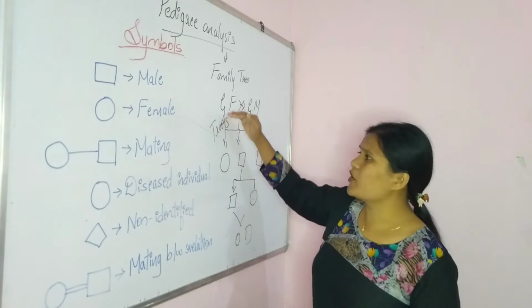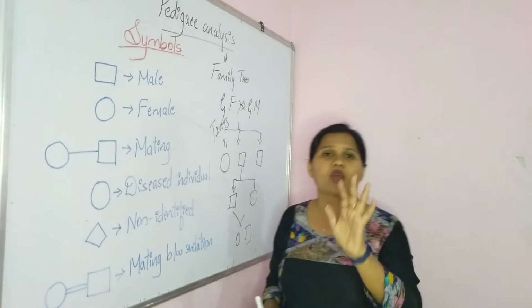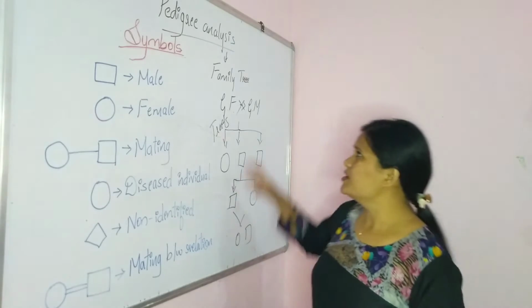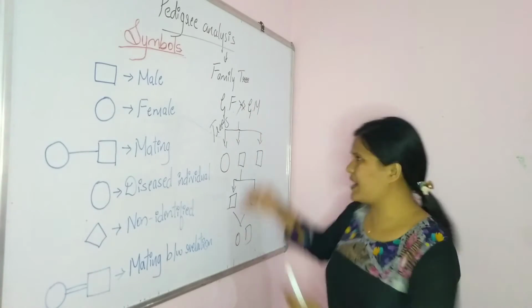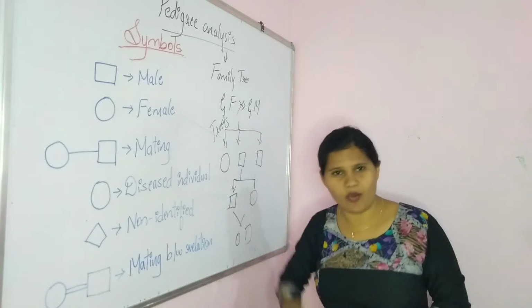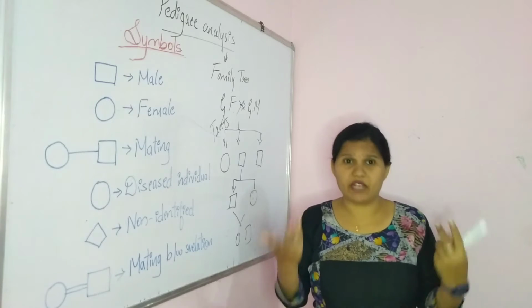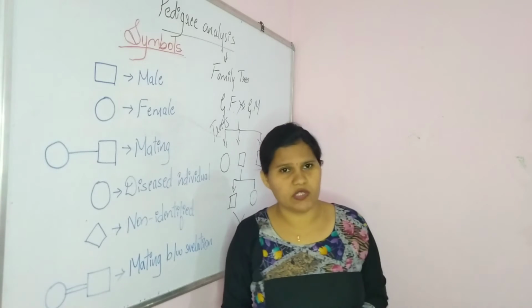So this transfer of traits from one generation to the next generation is called pedigree analysis. Hence it is called the family tree, right? It looks like a family tree because it runs from an old generation till now. For example, it may happen in your case also.